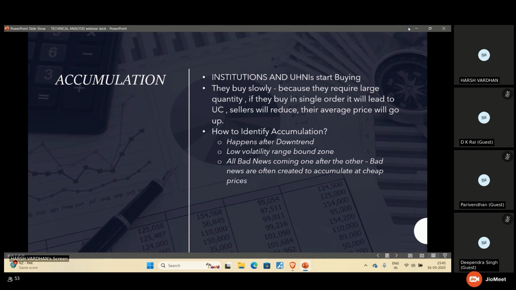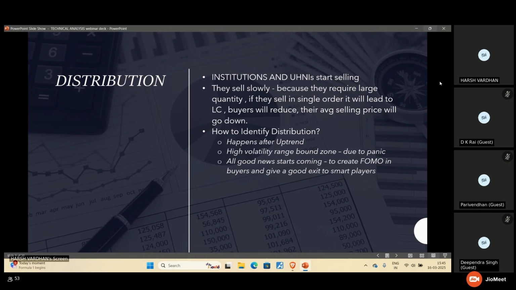As an investor, our job is to differentiate that illusionary smoke from actual fire. If there is an actual fire like Yes Bank, Gensol, then you should stay away. If there is illusionary fire, there are only rumors, it's not going to impact your PAT and revenue much, then that's an illusionary fire. So you should take that opportunity of getting that 100 rupee seat in 30 or 40 rupees, right? So, okay. Now coming to distribution.